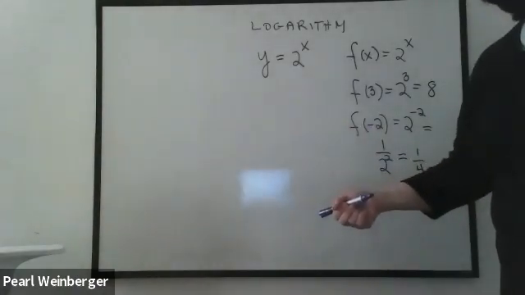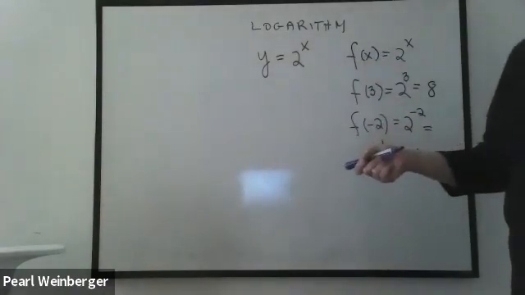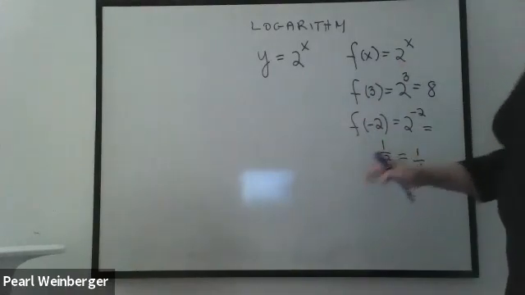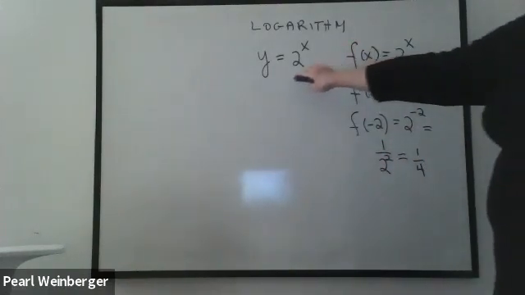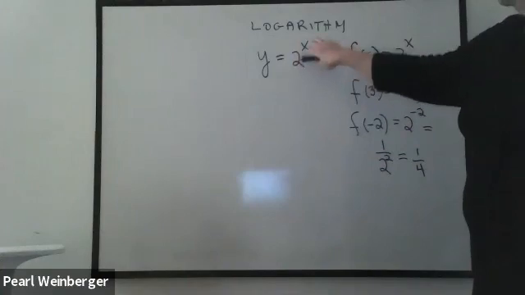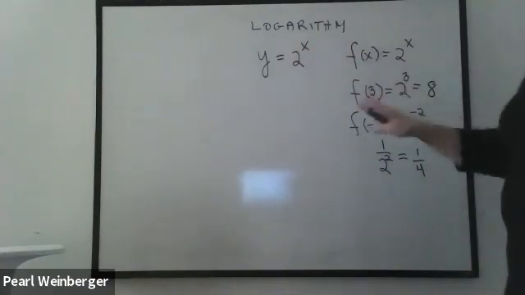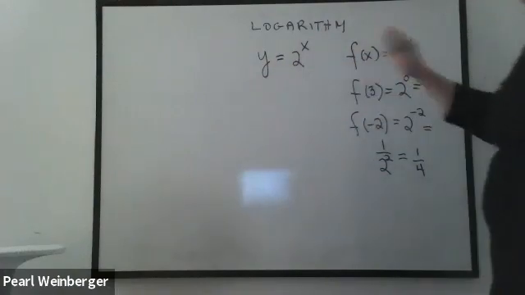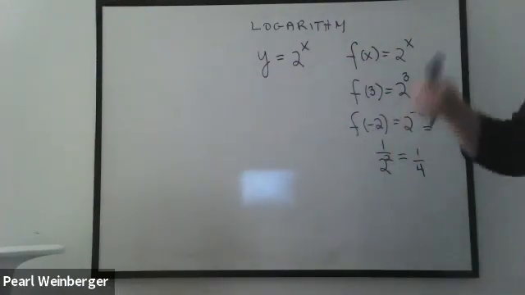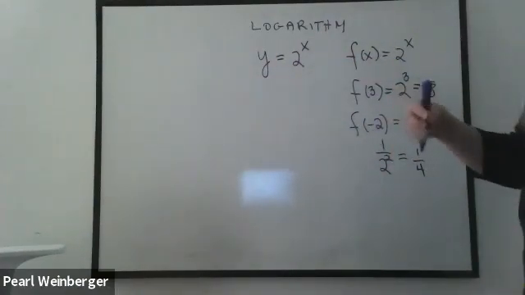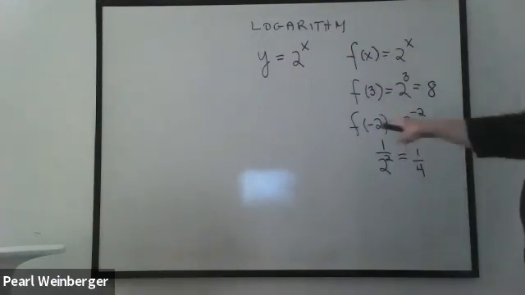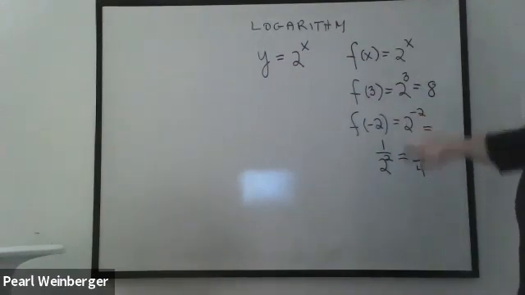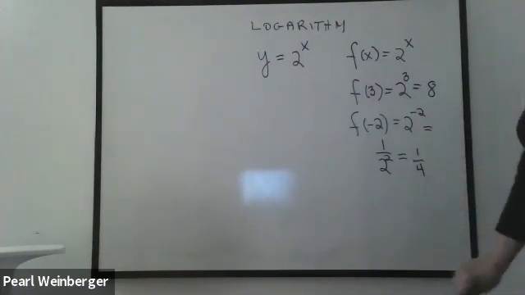It turned out to be a fraction. We will see every time we do something like 2 to the x, my answer will always be a positive number. The y, or the f of x, always turns out to be positive, no matter what the exponent is, because the only effect of a negative exponent is not to make your answer negative. It just makes it into a fraction.